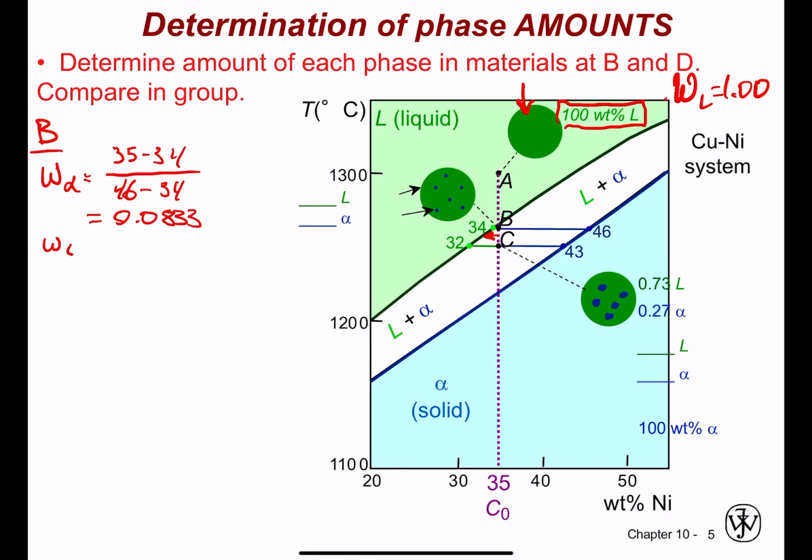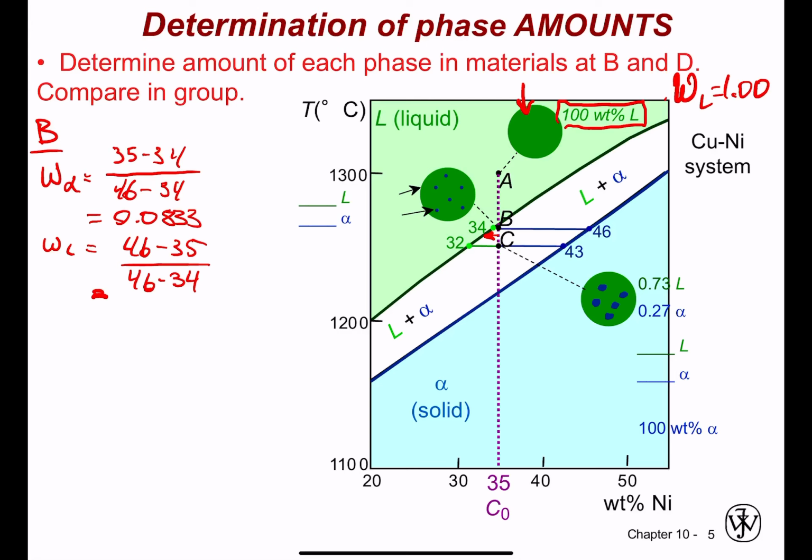Weight fraction in the liquid at point B, we're now going to use the longer segment. So that's going to be the 46 minus 35, and then divided by the same denominator.